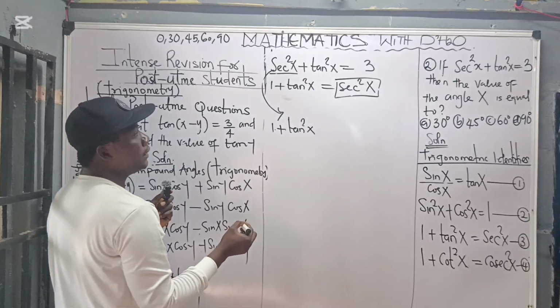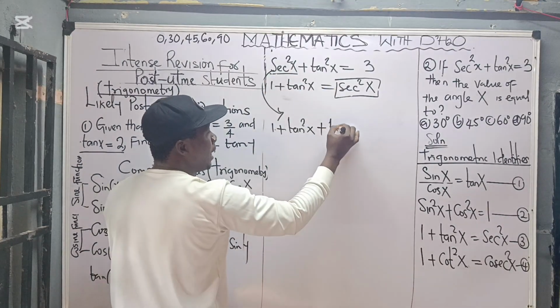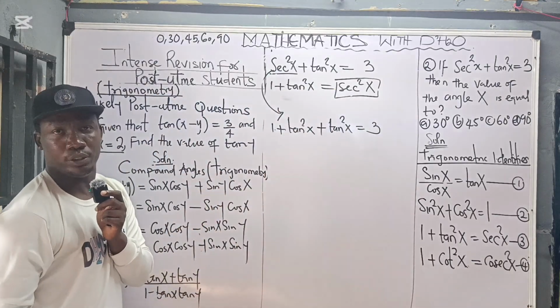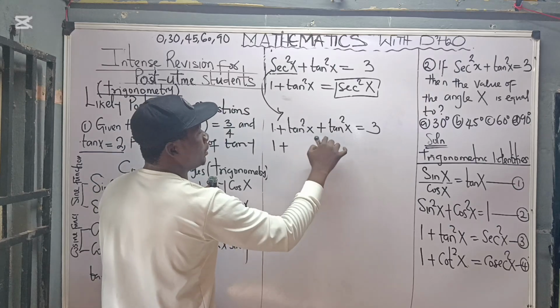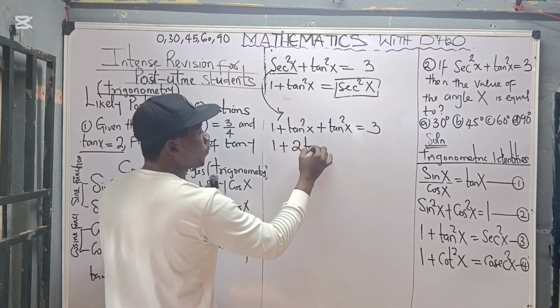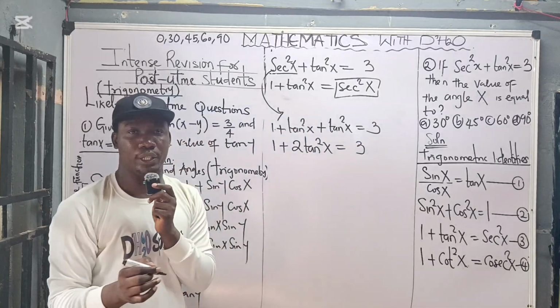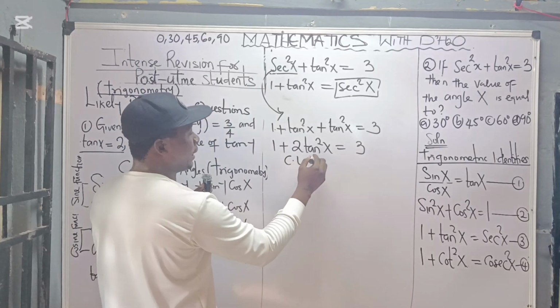Are we together? Yes. So now you replace this guy, plus this one, tan square x, equals 3. Do you understand? So what do I do now? 1 plus, add these two together for me. Tan square x plus tan square x will give us 2 tan square x equals 3. Now I will collect like terms together.